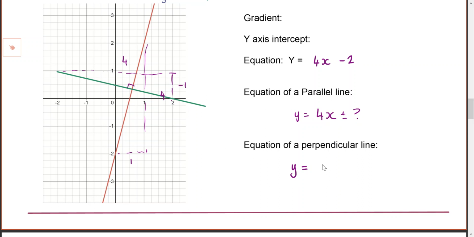So it's -1 over 4x, or mine is plus a half, but it doesn't matter where you plus. The important thing is the gradients, yeah? Did you all get that right? Ticking yours off.